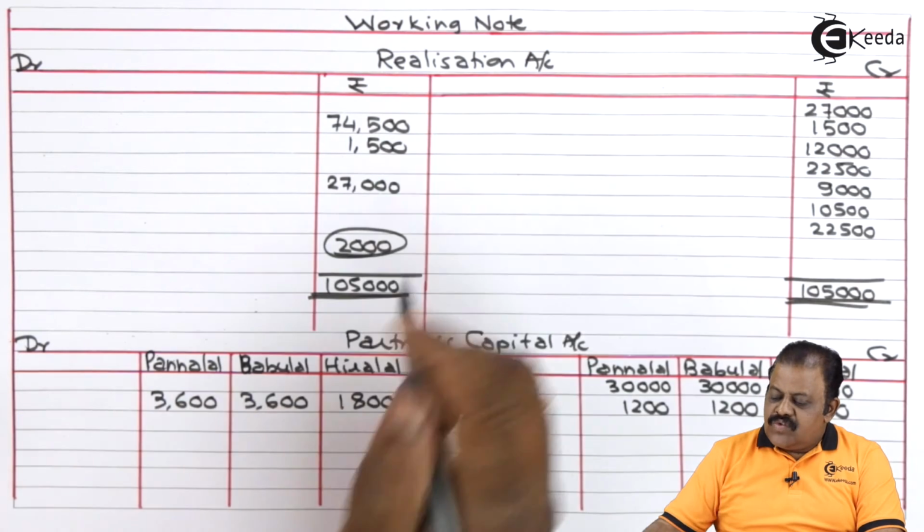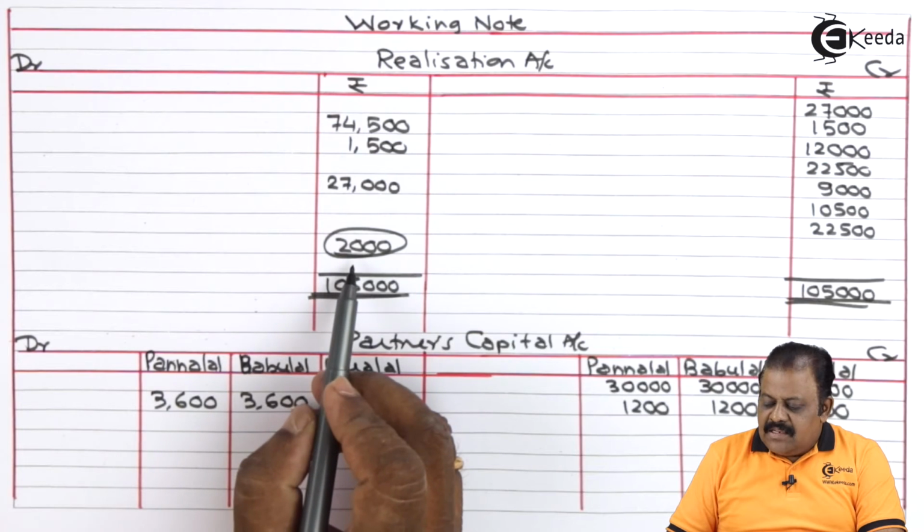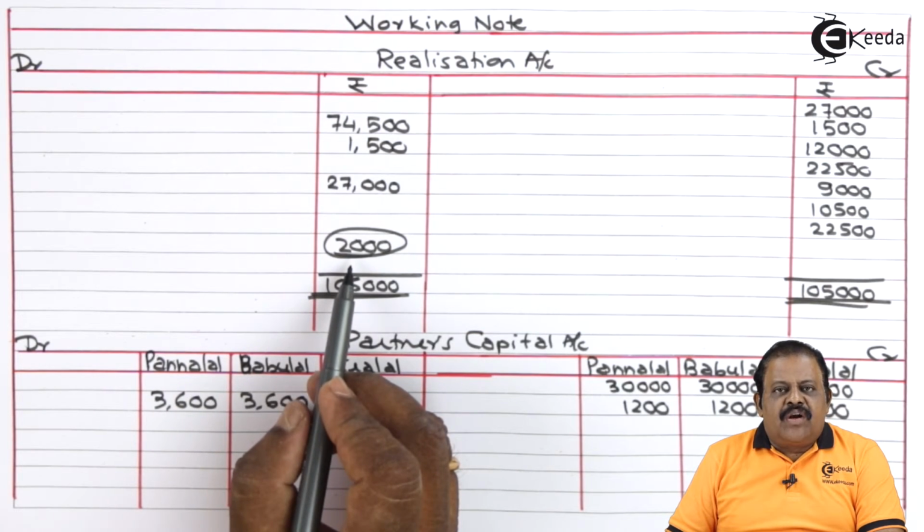Now we have closed realization account. Credit is heavy. We got a balancing figure of 2,000 on the debit side, indicating profit on realization. This will be distributed among partners in the profit sharing ratio.